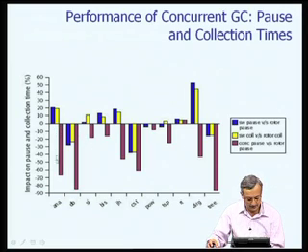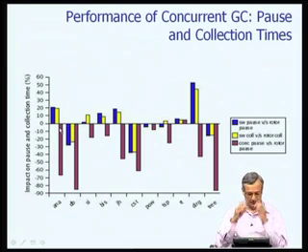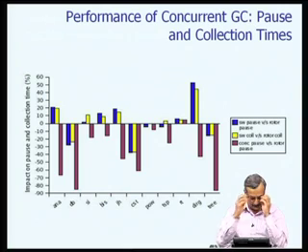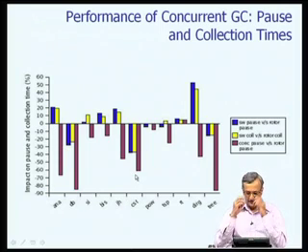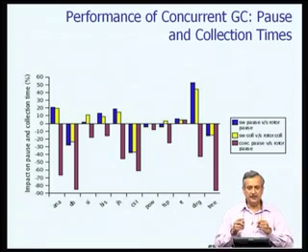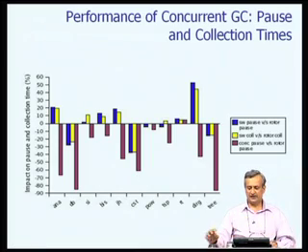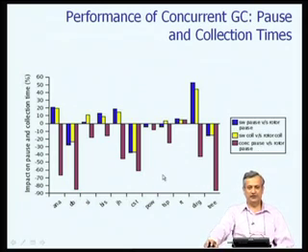You can see that the concurrent pause time has really reduced, in some cases by up to 85%, and in some cases by about 15% or even 5%, but in general all of them have reduced. That is the indication when the bars are on the negative side. So, the concurrent garbage collector really improves the pause time, it reduces the pause time.